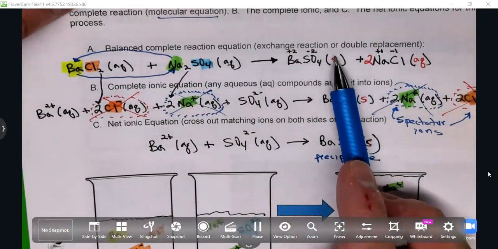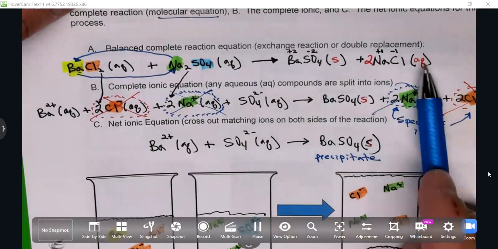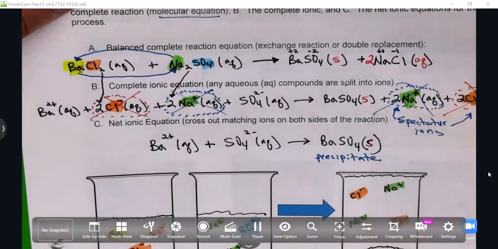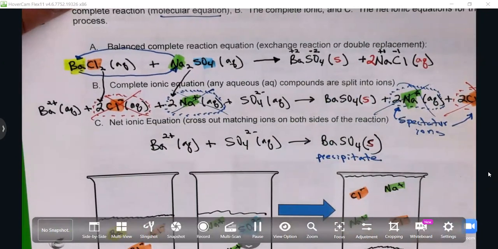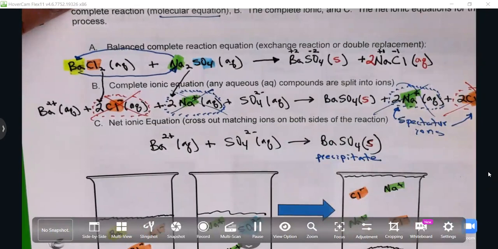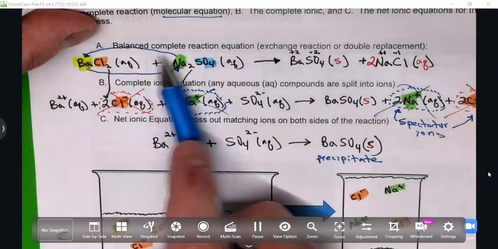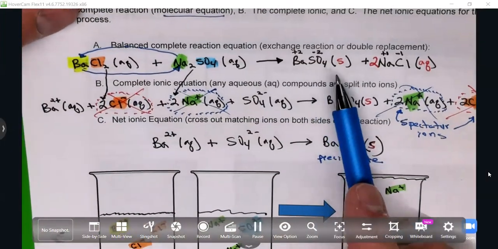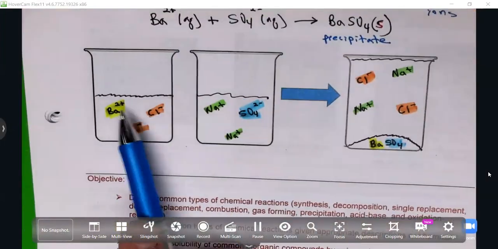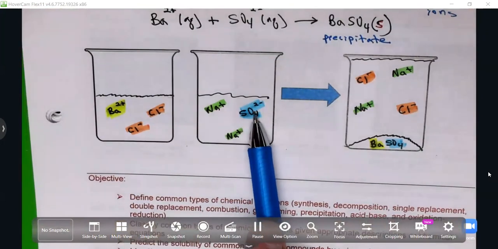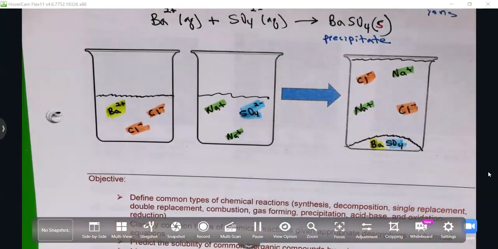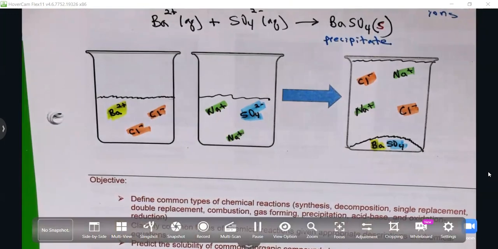Once you get to this step, leave this parenthesis empty and look on your solubility chart or your solubility rules. The reason that we switch the positives is to compare the interaction that can take place. Can this positive ion get together with the negative ion? So we just switch the positives.